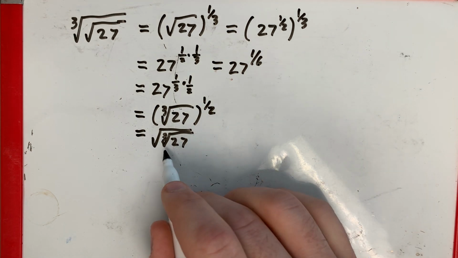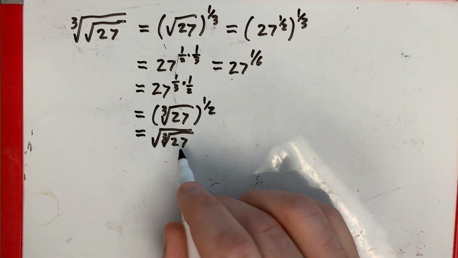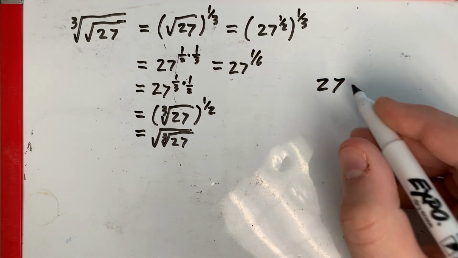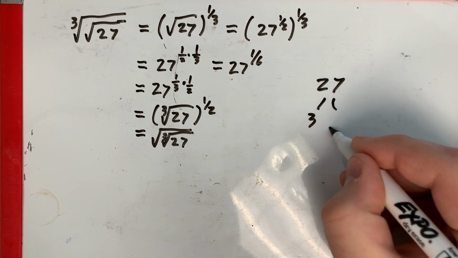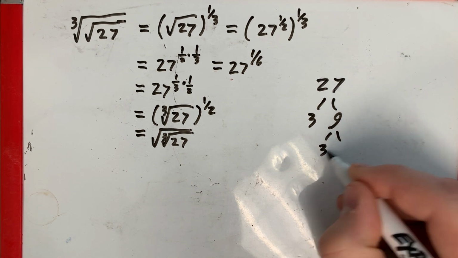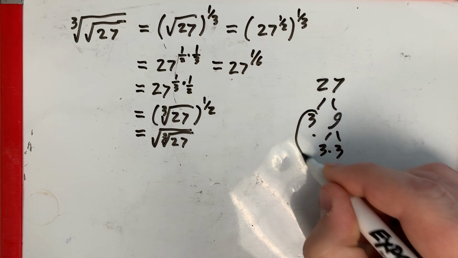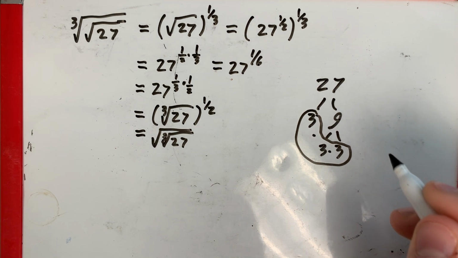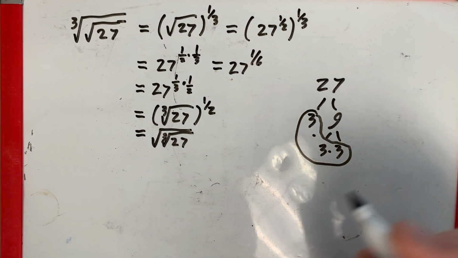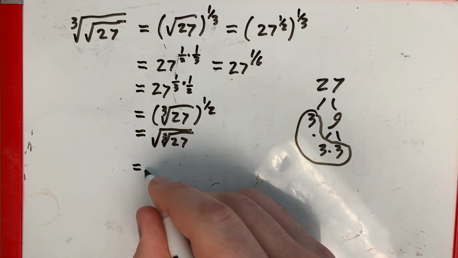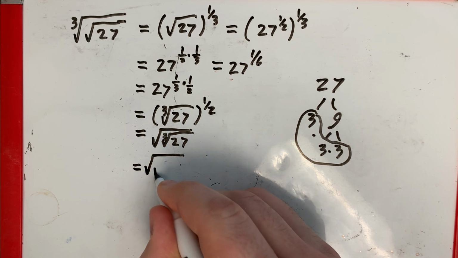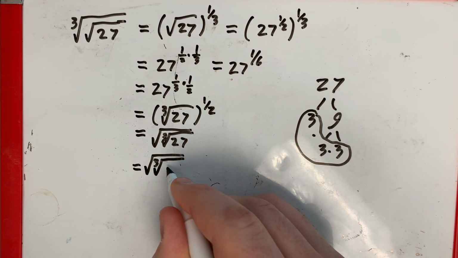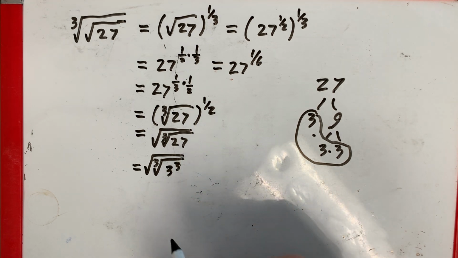So now what's the cube root of 27? Maybe I can break this down using a factor tree. 27 breaks down into 3 times 9, and 9 breaks down into 3 times 3. This is convenient because now I have a cluster of three 3s, or 3 to the third. So now I have a square root of a cube root of 3 to the third.